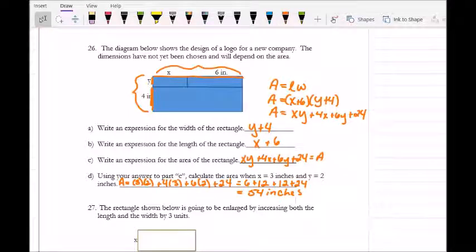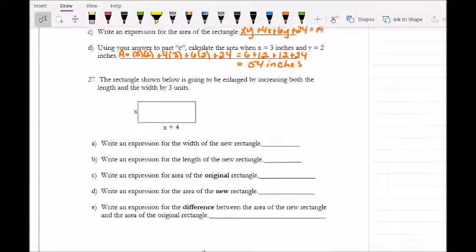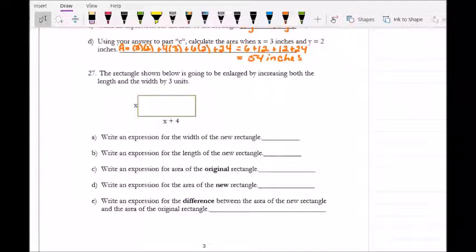And number 27, and you're thinking, yeah, sure, lady. Number 27, the rectangle shown below is going to be enlarged by increasing both the length and the width by 3 units. Write an expression for the width of the new rectangle.